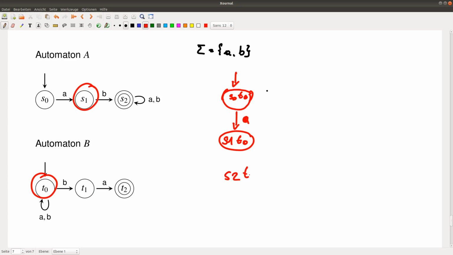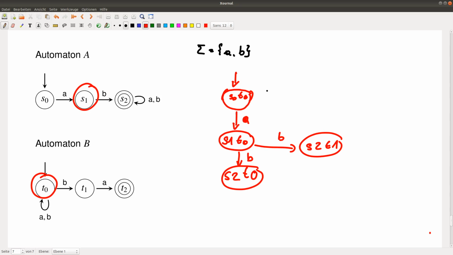We can go to S2 T0 with a B, or we can go to S2 T1. Since here we have two options for the B, this is also reflected in the product automaton.